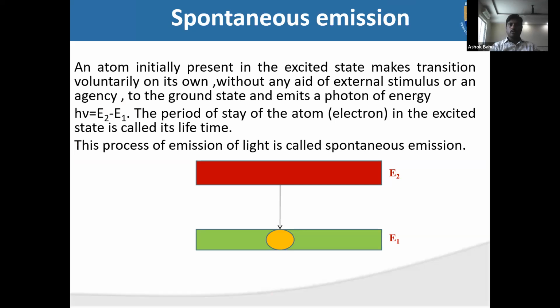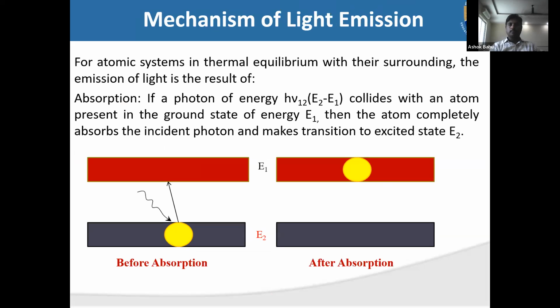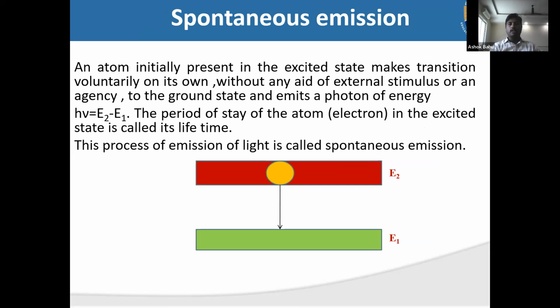Again, I am going to show the three mechanisms of light emission. The first one is absorption. In absorption, atoms in the ground state absorb energy and are excited to the higher energy state, which is called stimulated absorption. That is called the upward transition. Coming to the downward transitions, there are only two: one is spontaneous emission and the other is stimulated emission.